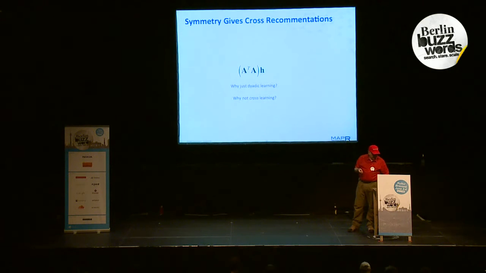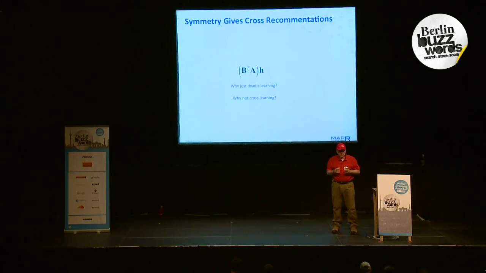The way we do cross-learning is we replace one of the A's with a B, a different kind of history mechanism. That A represents interactions with things of type 1 and B with type 2. Now, I have to admit that the first time I was talking and I said, gee, by symmetry we could do this, and it would, of course, be uninteresting, one of the people in the audience said, why?